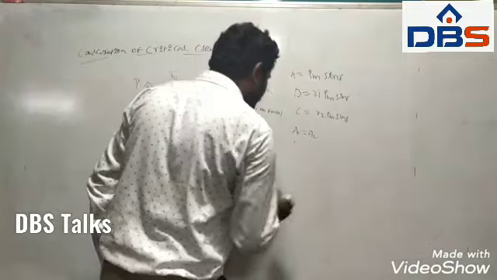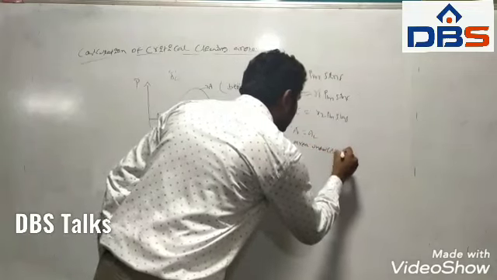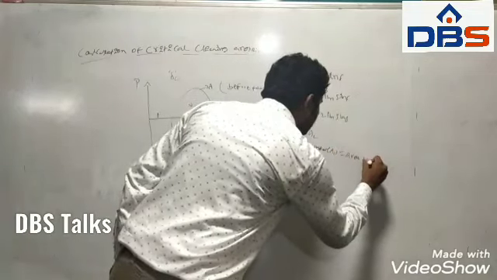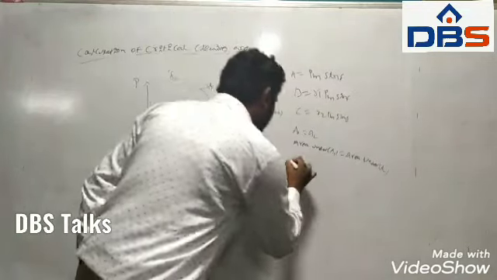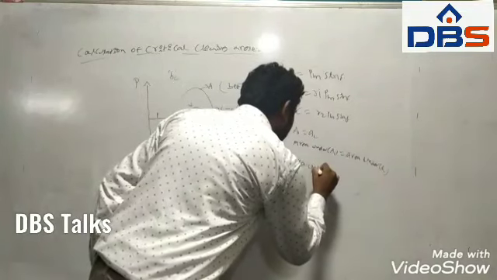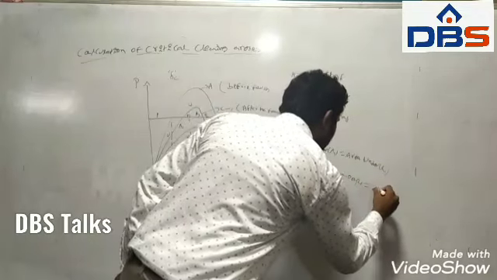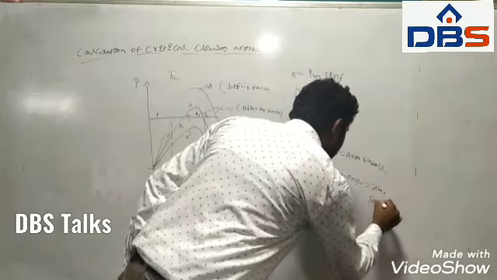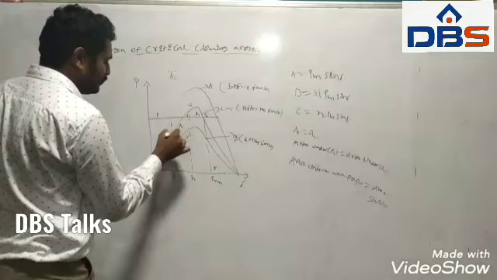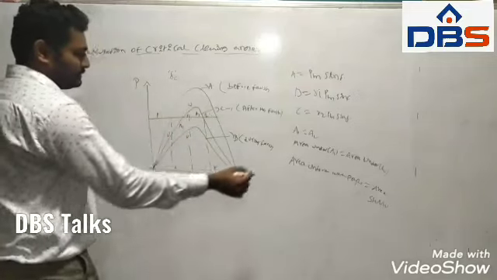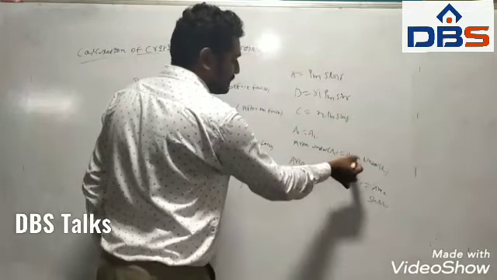So that means area under A1 is equal to area under A2, that is, the area under the curve PQRS is equal to the area under the curve STUVW.